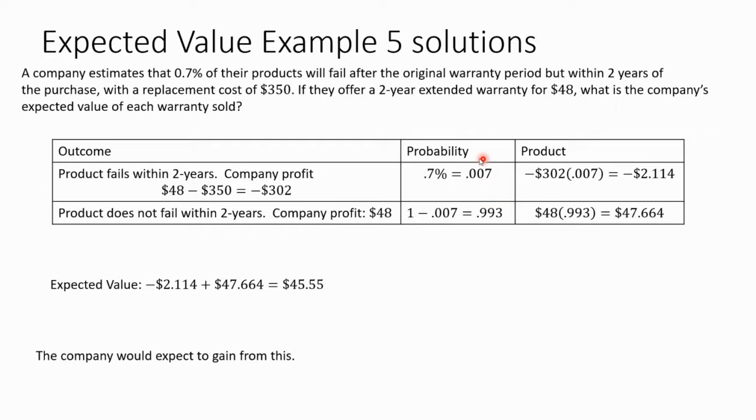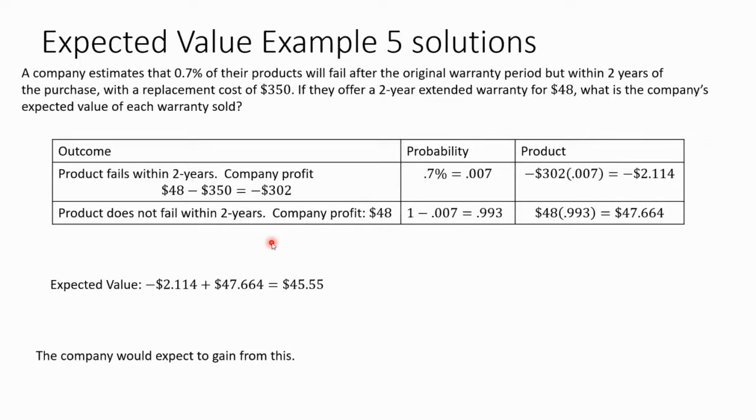So this is how likely the product will fail. So what's the product? We have the amount that's lost in this case times the probability, as you can see.